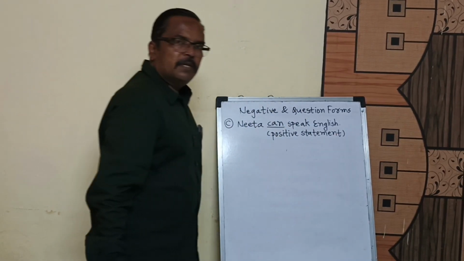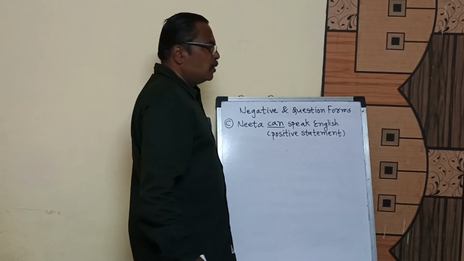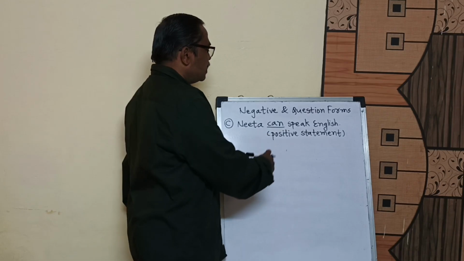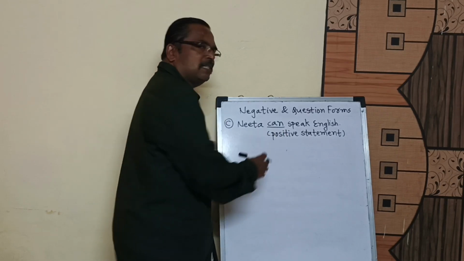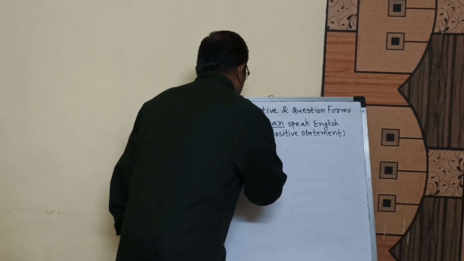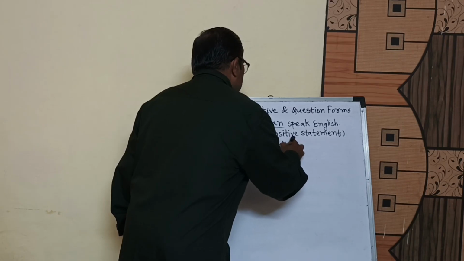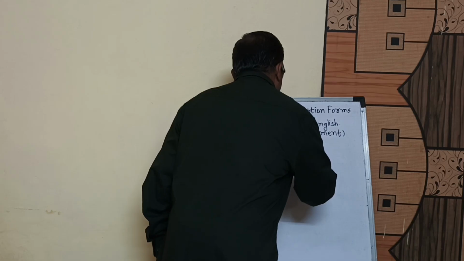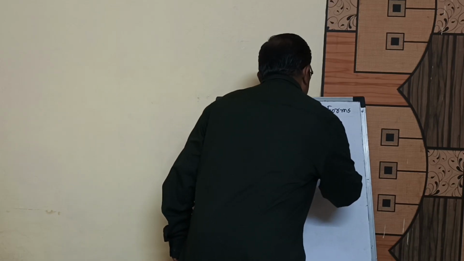This positive statement can be turned into negative by turning the modal auxiliary verb can into can't. Thus, the sentence will be: Nita can't speak English.